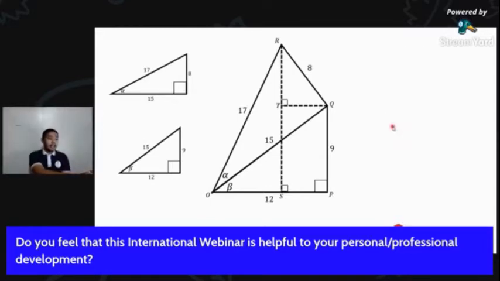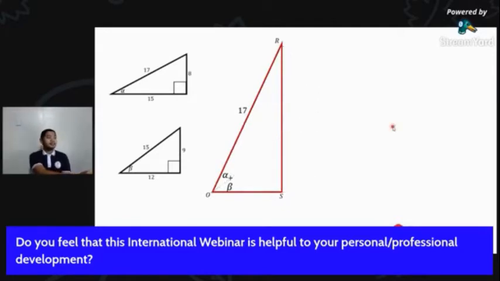Now, focus on this triangle, the one that I marked as the red triangle right now. Removing the excess parts, this is now A plus B. That's our goal. What's the measurement of RS and OS? Okay, that's great. You still remember the measurement of those two sides. Now, we want the sides to be integral, meaning the measurement of the sides must be an integer, a whole number, from 1 to positive infinity.